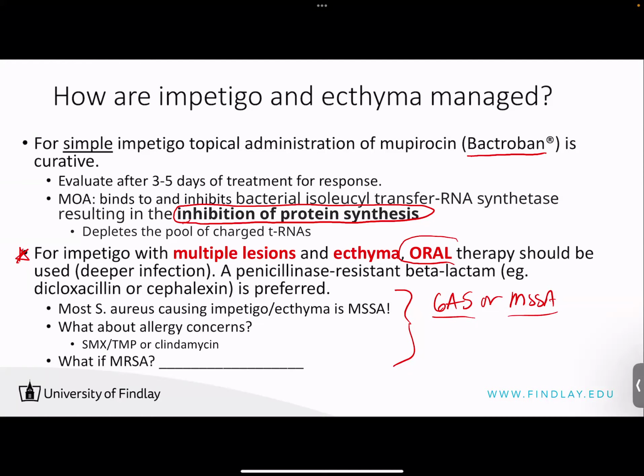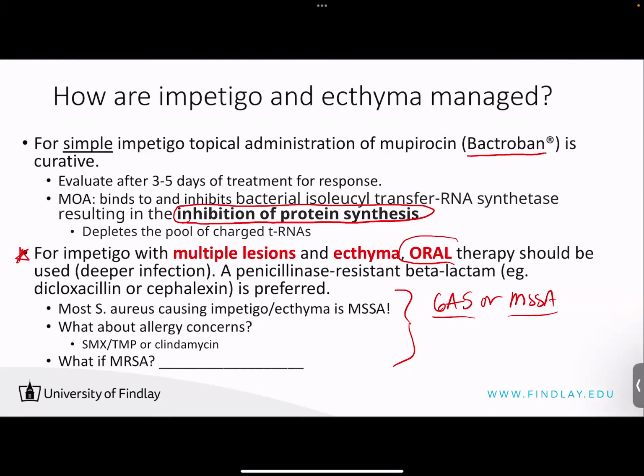Okay. First generation cephalosporin? Absolutely. Okay. So Duracef, Keflex. Go for it. Second generation cephalosporin? Unnecessary, but yes, it would work. Anti-staphylococcal penicillin, dicloxacillin. Yeah, it would work.